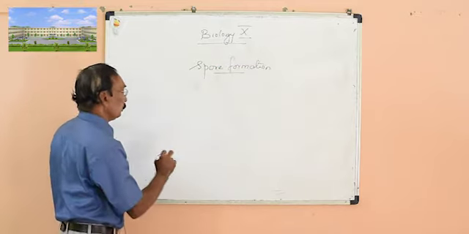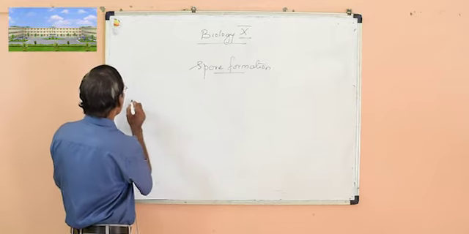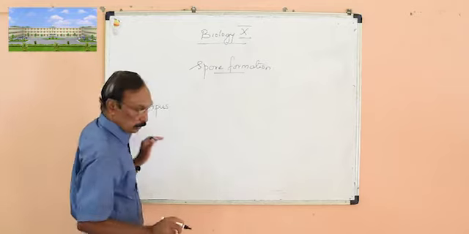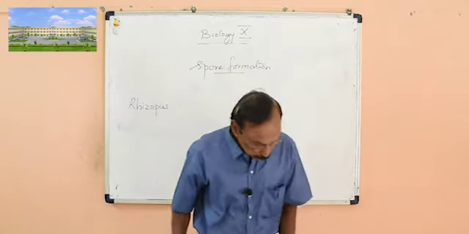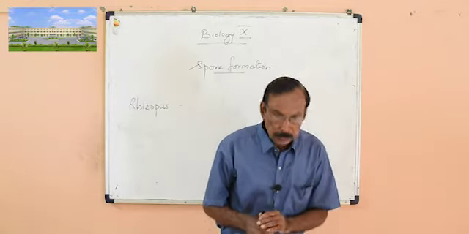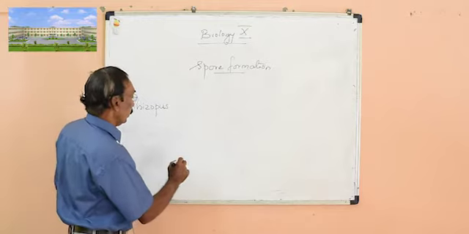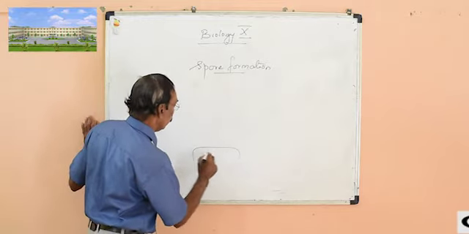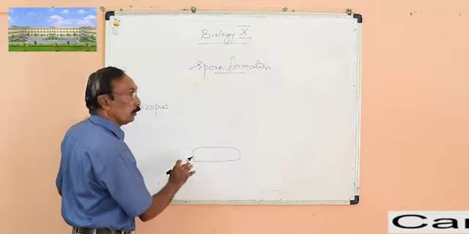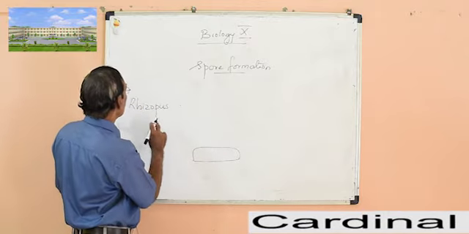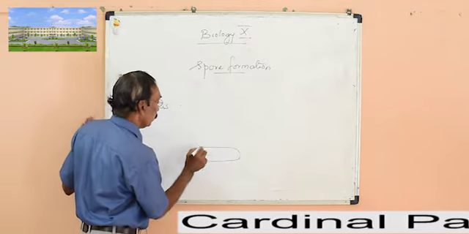Rhizopus is actually very familiar to you. This organism lives on wet food material, bread, wet surfaces. Suppose this is a bread, you can see these spores of Rhizopus.